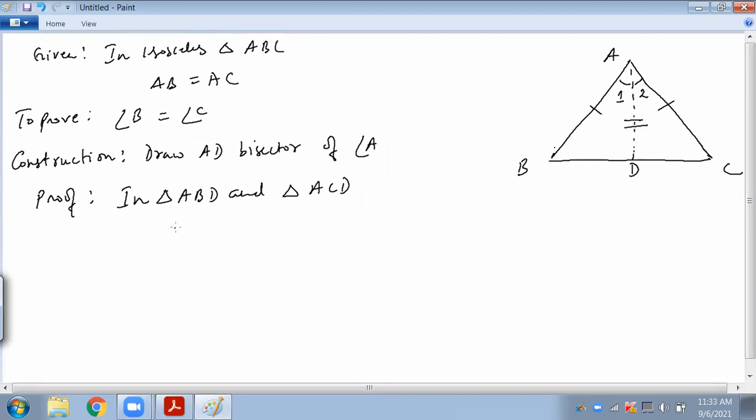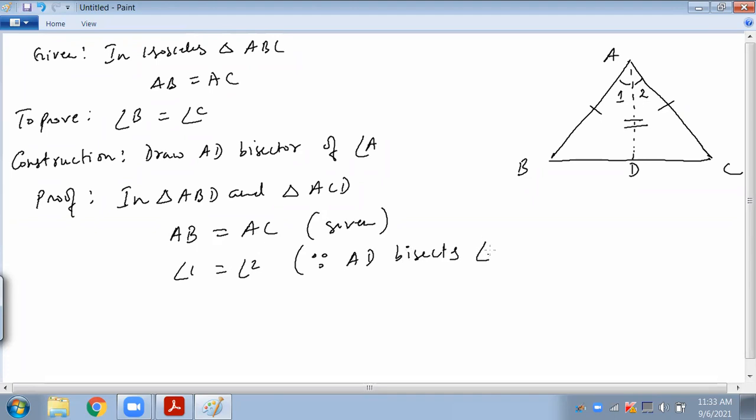So take it. In these two triangles, what do you have? AB equal to AC. It is given in the question. Then again, angle 1 is equal to angle 2. Why? Since AD bisects angle A by construction. Again, we know AD is equal to AD.